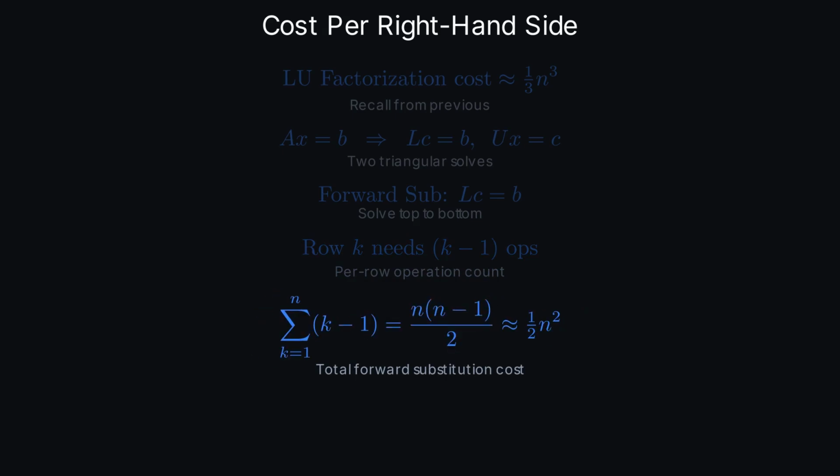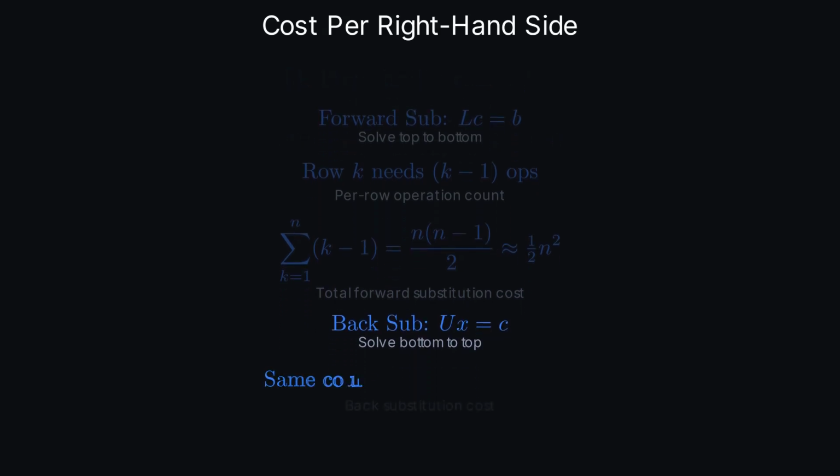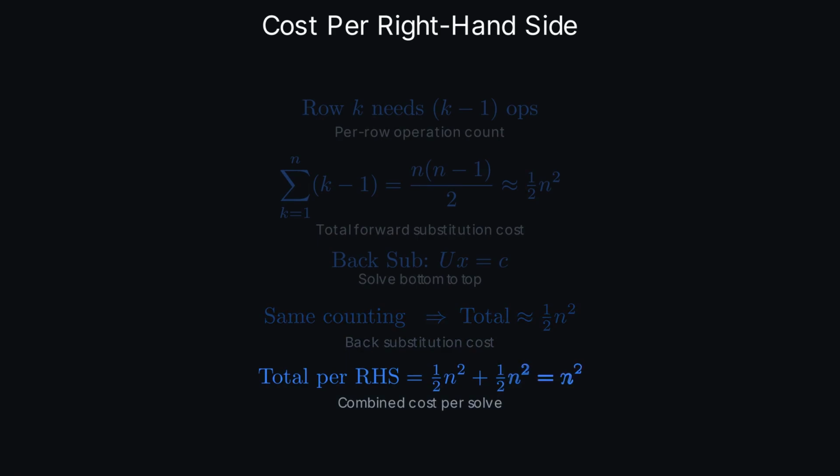Summing 0 plus 1 plus 2 all the way up to n-1 gives n times (n-1) over 2, which is approximately 1/2 n². Back substitution solves UX equals C, working from bottom to top. By the same logic, this is another 1/2 n² operations. Combining both, the total cost per right-hand side is 1/2 n² plus 1/2 n², which equals n².